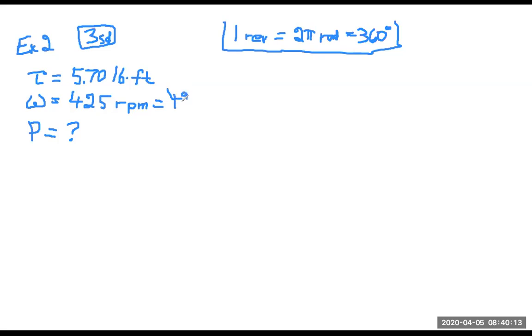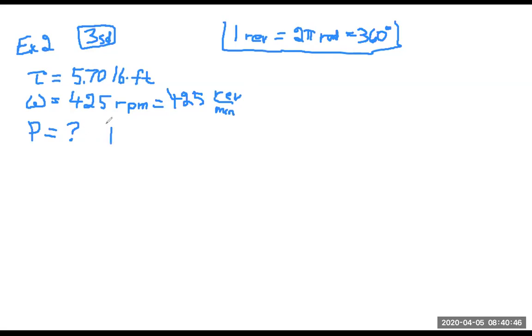It's 425 revolutions per minute. Okay, so power is going to be the torque times that. So we're going to have to convert the rev into radians and the minutes into seconds. So there's a little bit more in this process than meets the eye.